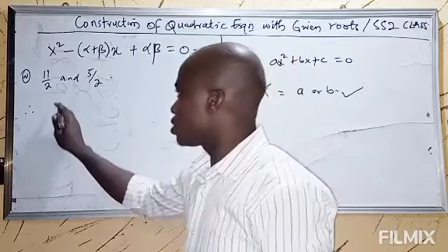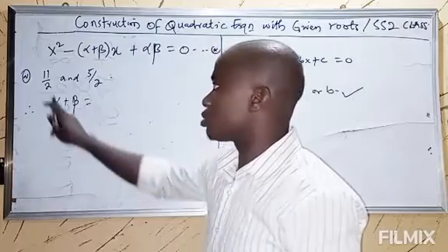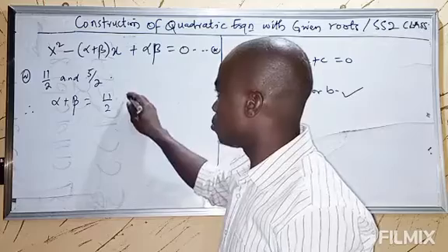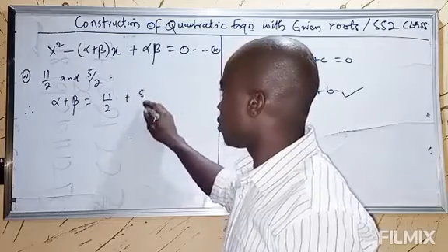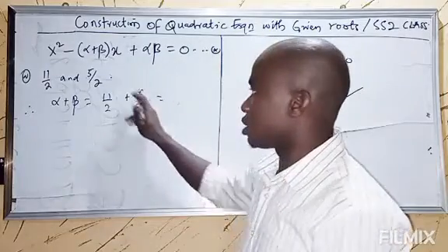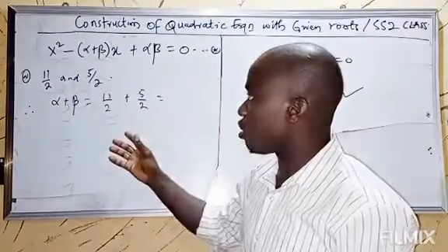The sum of the roots, alpha plus beta, equals 11 over 2 plus 5 over 2. This is addition of fractions.